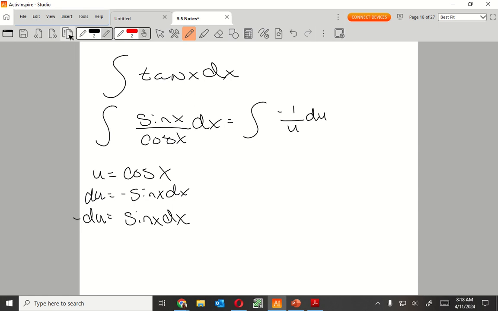So I just put that negative 1 right there. What can I also do with that negative 1? Where can I put it? Can I put it out front? Very good. I'm going to put it out front to make my life a little bit easier. So it's a negative integral of 1 over u du, which is going to give me a negative ln absolute value of u plus c.